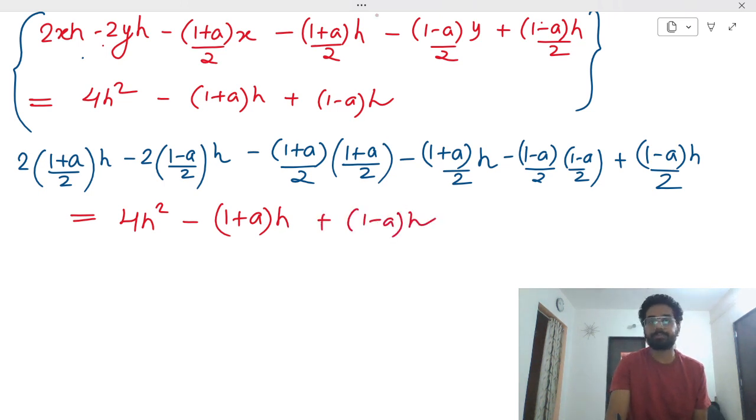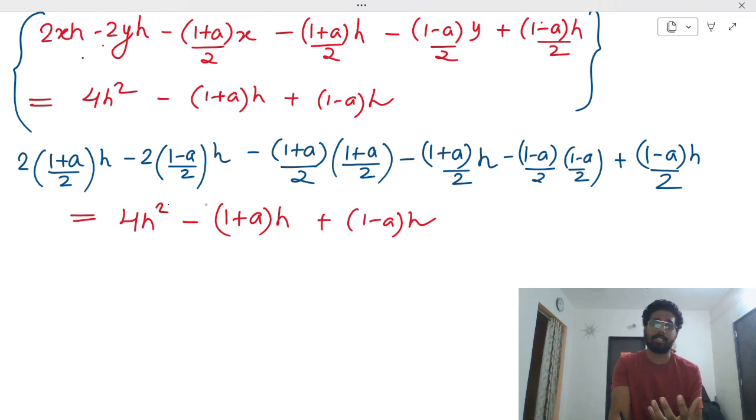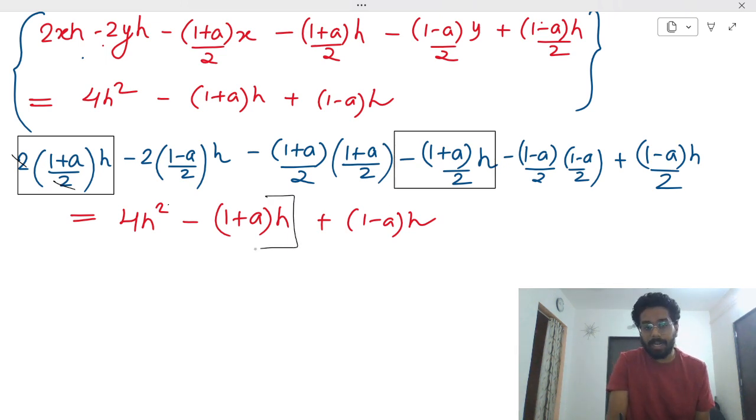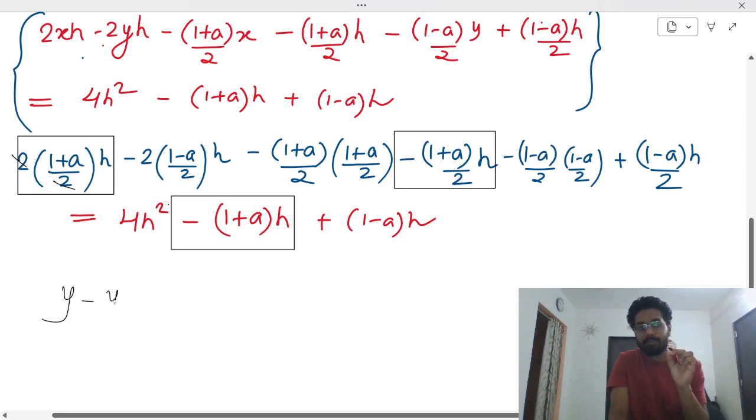First of all, I'm going to write down an equation in the form of h square, or in the form of a square. So first of all, let's see this one. Here, 2 and 2 will get cancelled. 1 plus a times h. Let's focus on this part. This is of the same category, and this is of the same category. You can pause the video and solve this one. It's like y minus y by 2 is equal to y by 2.